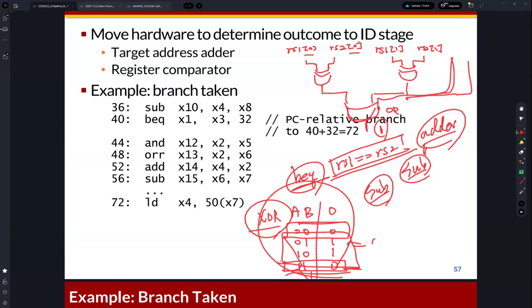So in order to check the equality, we can just use the NOR gate, right? Which means if the two values are equal, then it becomes 1. Okay. Right.